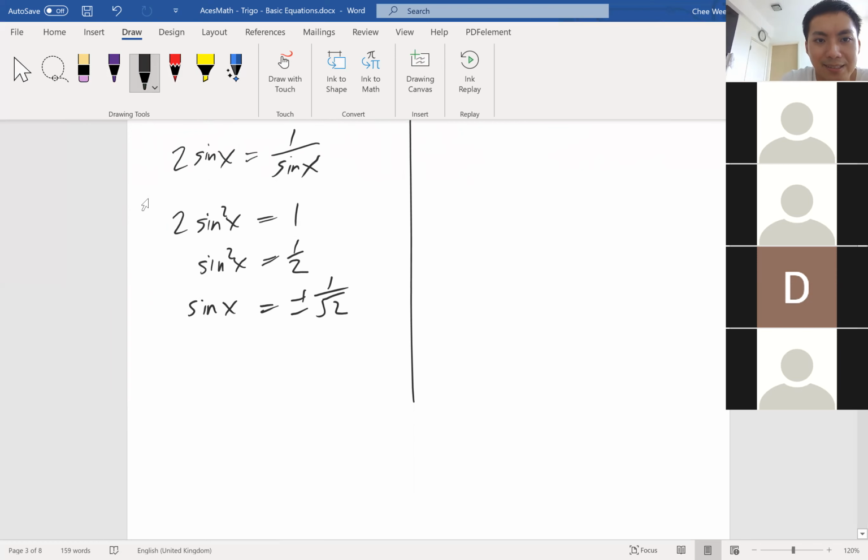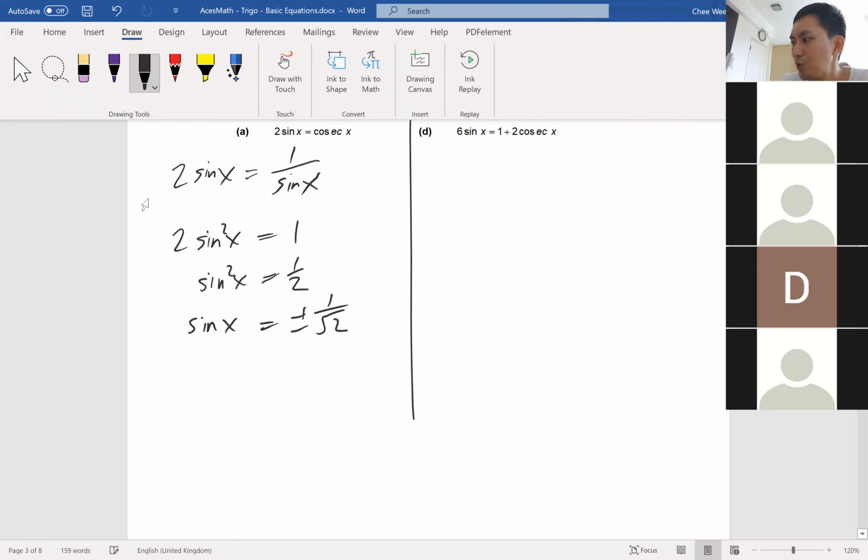So this is, like I said, the perfect situation. So which quadrants could x be in? 1, 2, 3, and 4. Because it's positive could be in Q1, Q2, negative could be Q3, Q4, so all sides are covered.